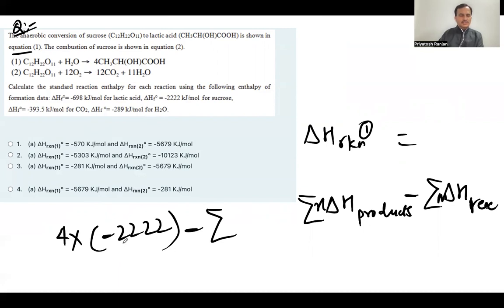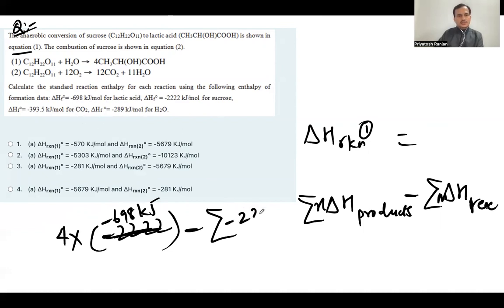I think I made a mistake here. This value is not for the lactic acid. The value for the lactic acid is minus 698 kilojoule. Make sure these values are in the same unit, kilojoule. And then for the sucrose, it's going to be minus 2,222.